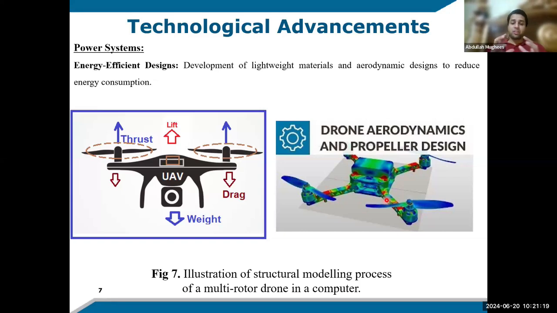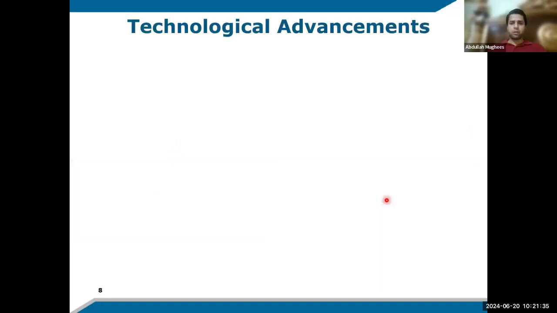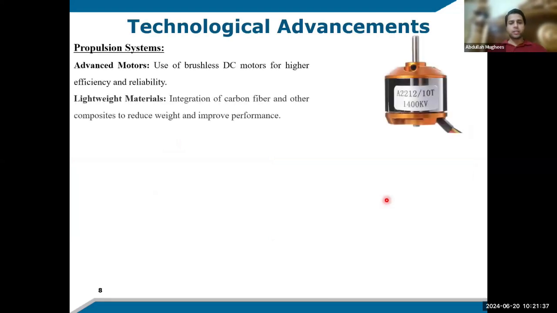So the structural construction of drones is an art in itself, and mechanical engineers do a lot of work in designing the physical structure, and then determining which type of material to use is another task. We'll come to that as well.